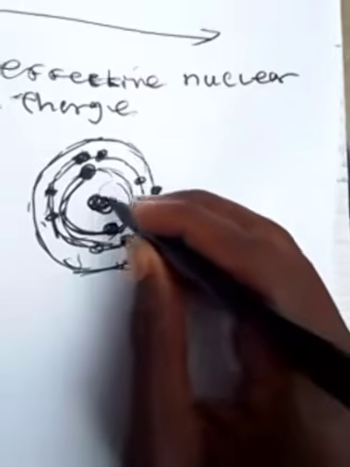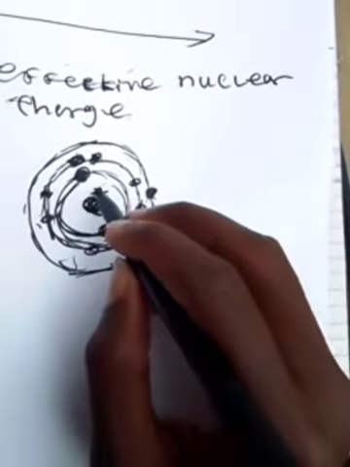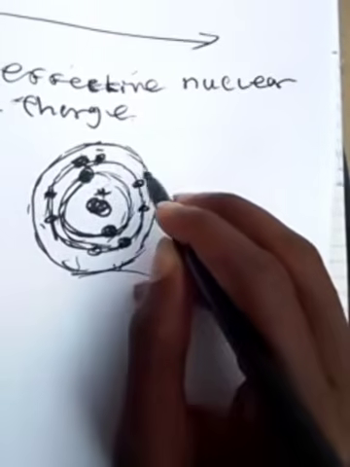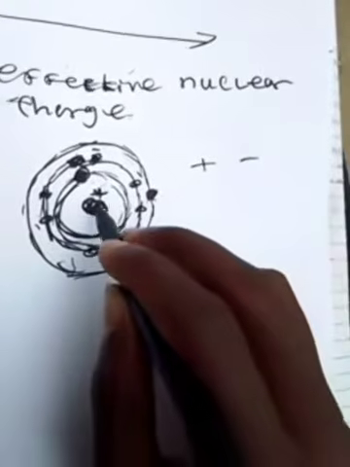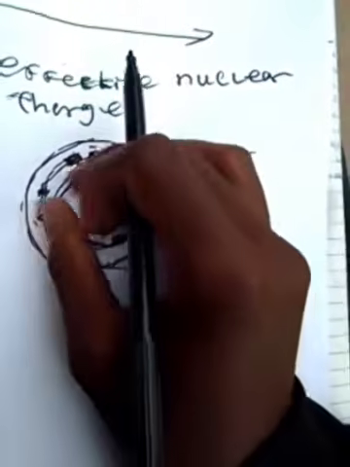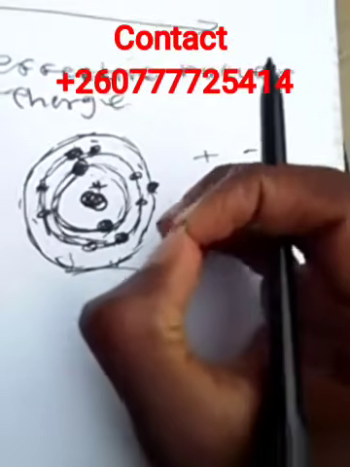So these protons, since they are positively charged, and the electrons are negatively charged, right? There is some sort of attraction between the positive and the negative. This attraction pulls the electrons towards the nucleus. Makes sense, right? That is what we call the effective nuclear charge.